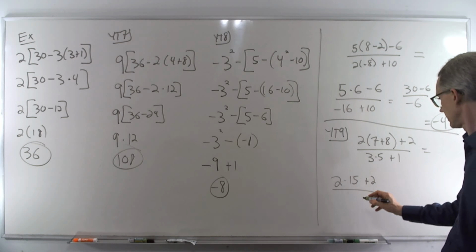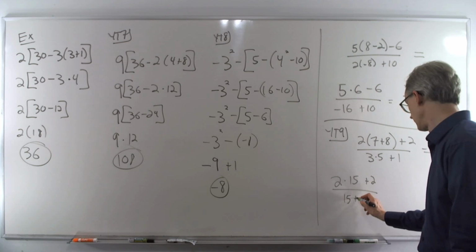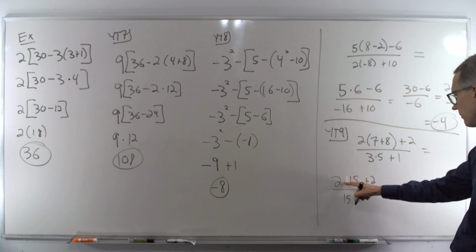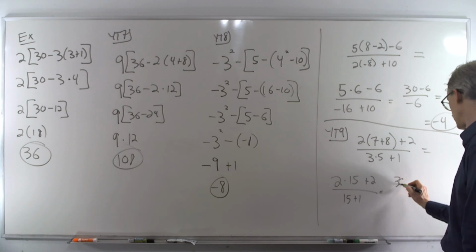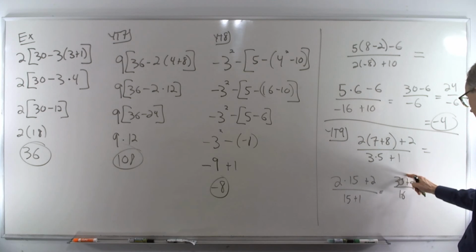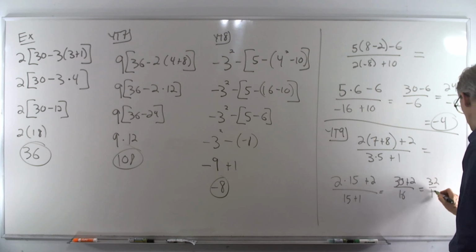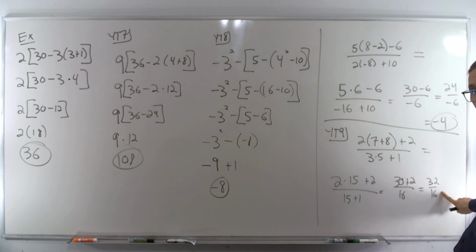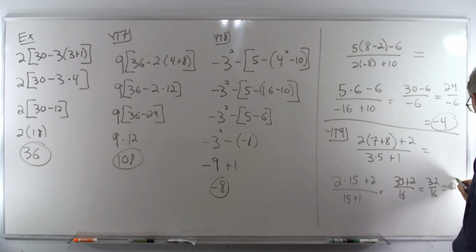And the bottom will do the multiplication, we get 15 plus 1. Now we can multiply on top. So that's 30 plus 2 on top, 16 on the bottom. Add them together to get 32. Now we have a single number on top and bottom. Now we can divide to get 2.